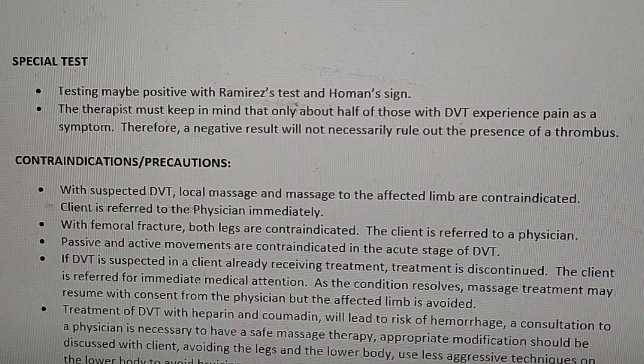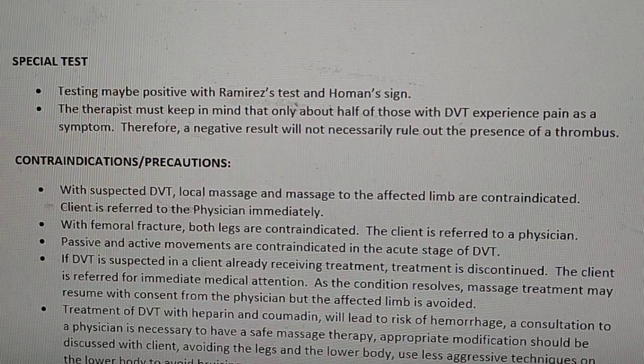They are contraindicated in the acute stage, meaning in the beginning and the first week or two of having deep vein thrombosis. So you can't do any movements of the limb as well.